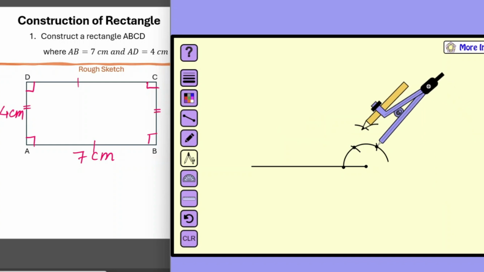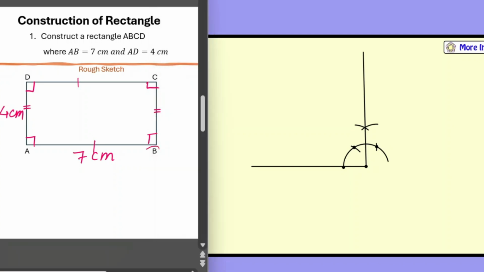See? And this is 90 once a line segment is drawn. So I made 90 degrees. You can use your ruler to draw this straight line segment. You know, once B is made and this line segment BC is made, you know the distance between B and C, that is 4 centimeter.